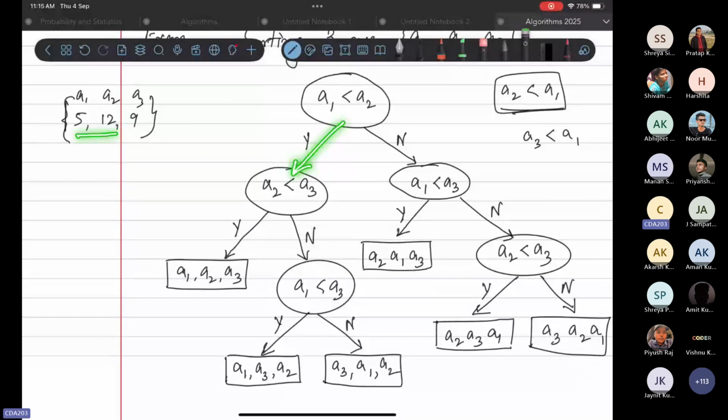Then we compare A2 and A3. Is 12 less than 9? The answer is no, so I come along this branch. Then I compare A1 and A3, and I get the answer yes. So basically, I'm saying this path.